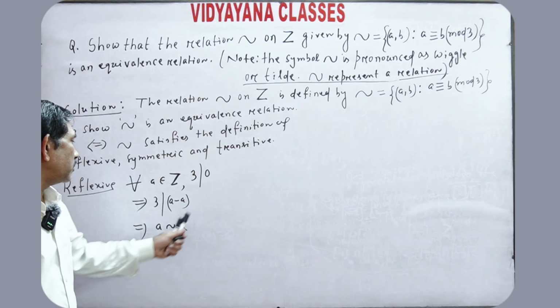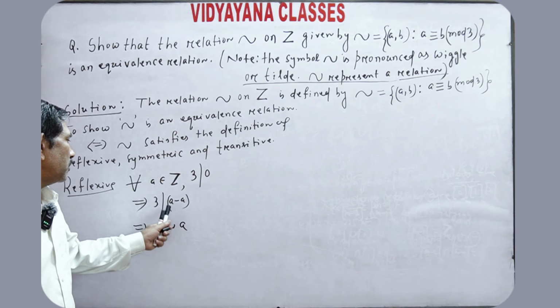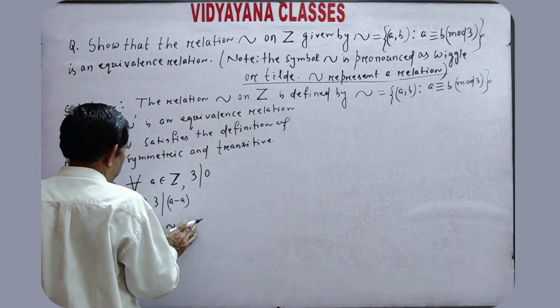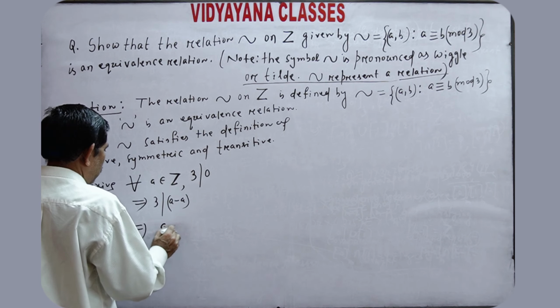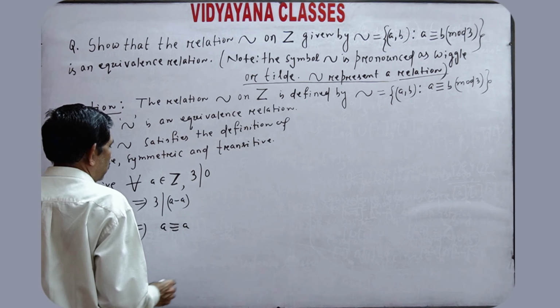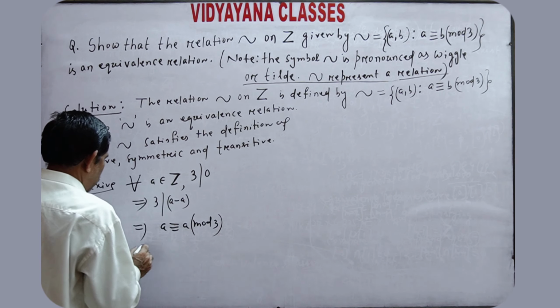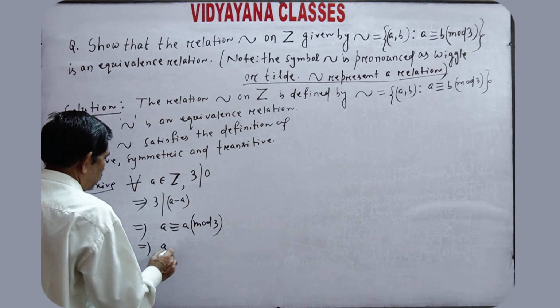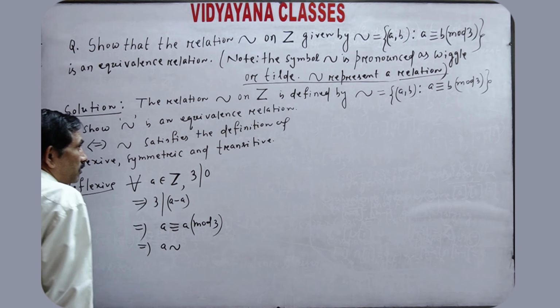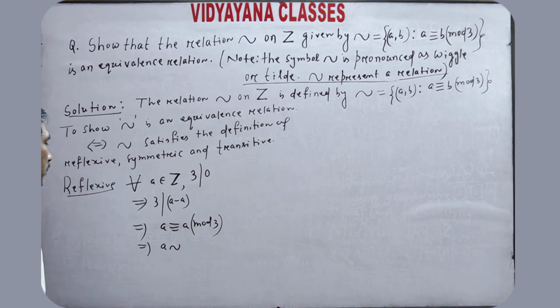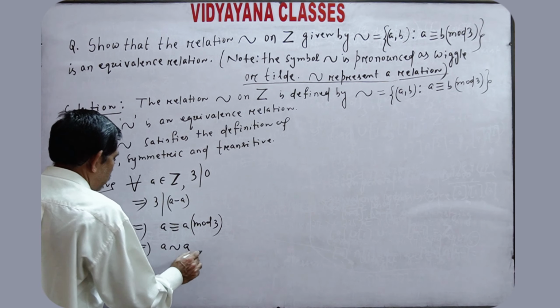Here 3 divides 0, or we can write, which implies a is congruent to a mod 3. That implies a is related to a. Here the relation is wiggly. This symbol represents a relation.